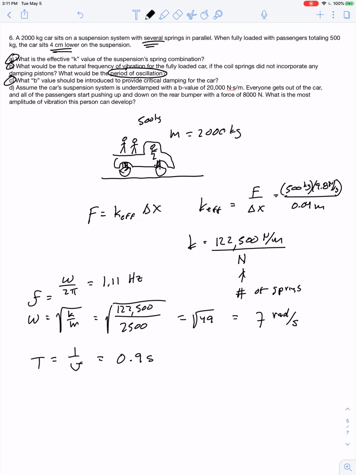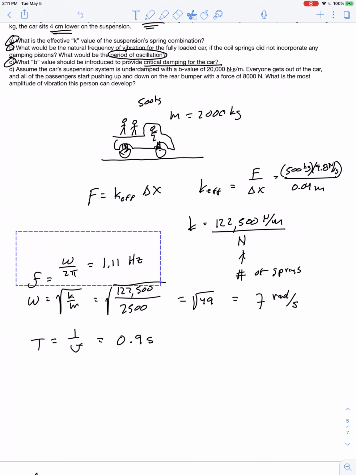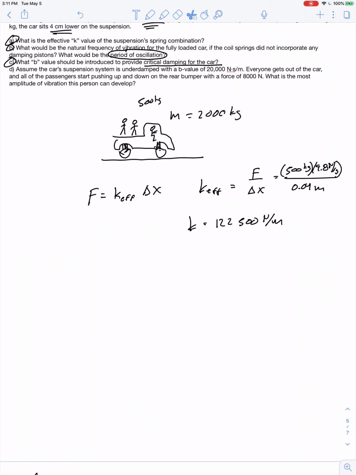What drag coefficient would be required to make for critical damping for this car? So again, the formula for critical damping requires a drag coefficient equal to 2 times the square root of the product of mass and stiffness.